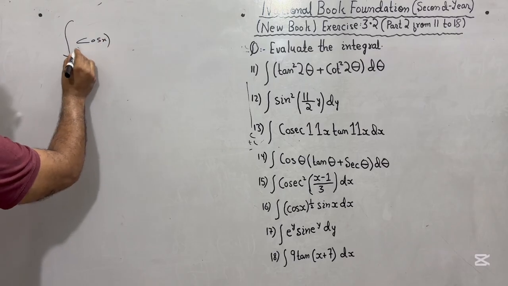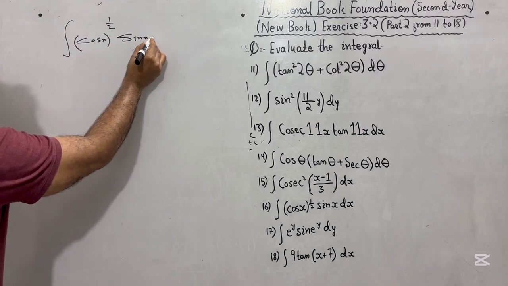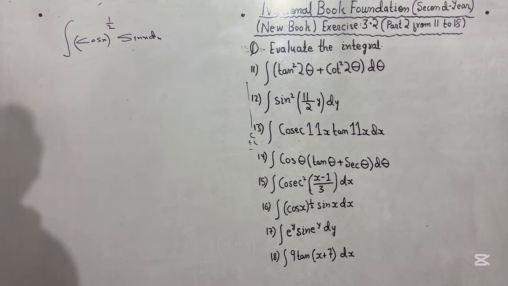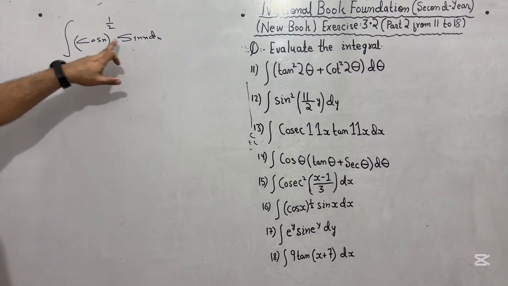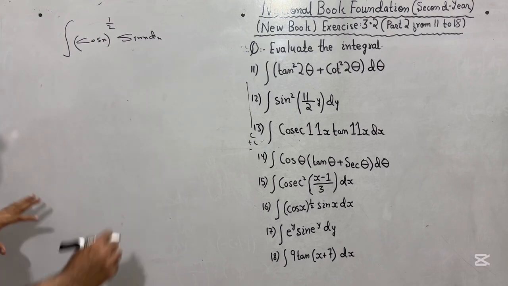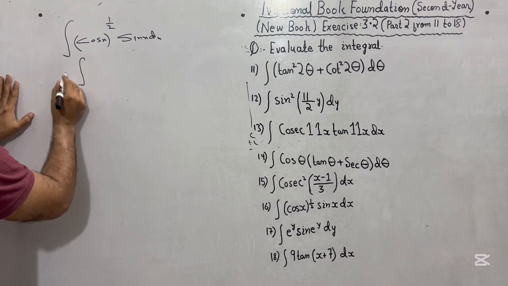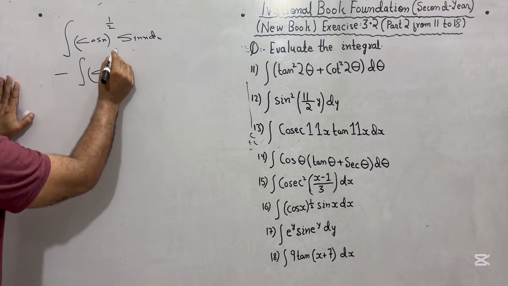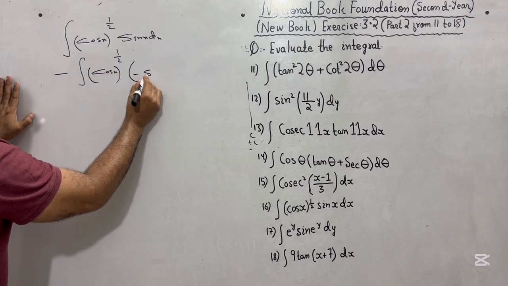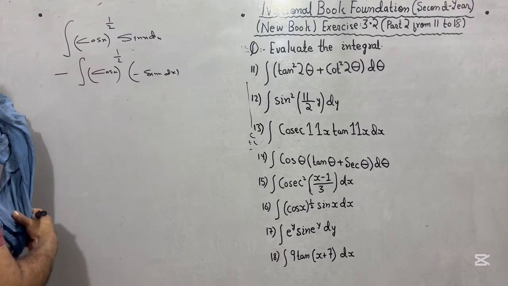Cos x raised to 1 over 2 times sin x dx. It's a simple situation of function and derivative. Differentiation of cos is minus sine. Let me attempt this directly. There's a deficiency of minus, so write 2 times minus cos raised to 1 over 2 times minus sin x dx.